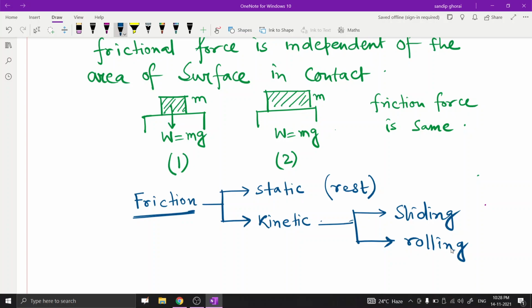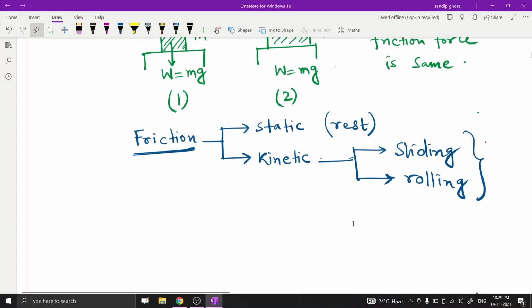And if heavy objects are made to roll over a surface, then we get rolling friction. These two types are in the group of kinetic friction, or moving. In these two cases the body is moving, and in the static friction case the body is in rest condition.